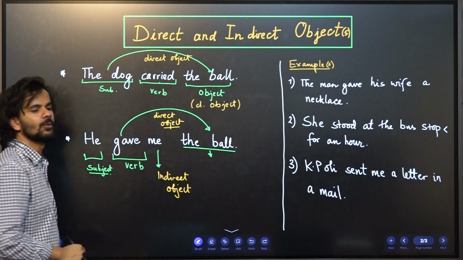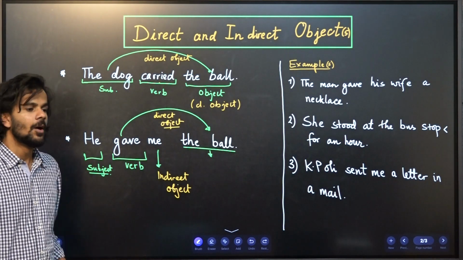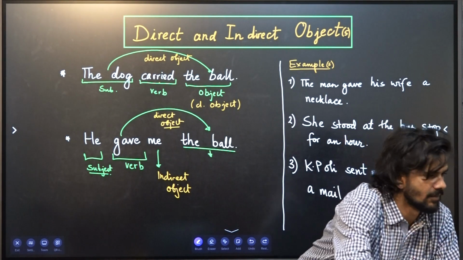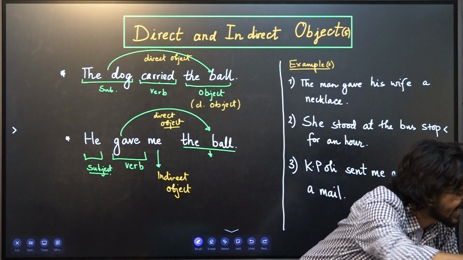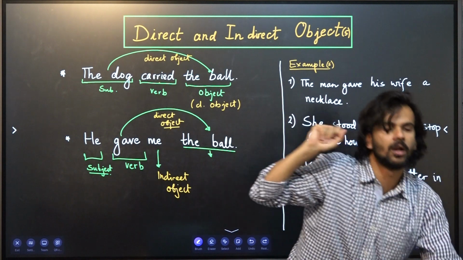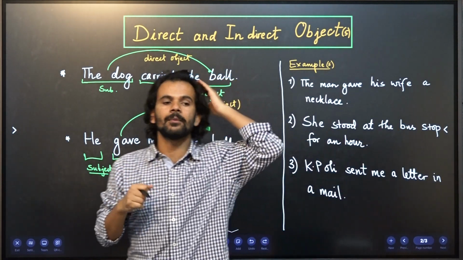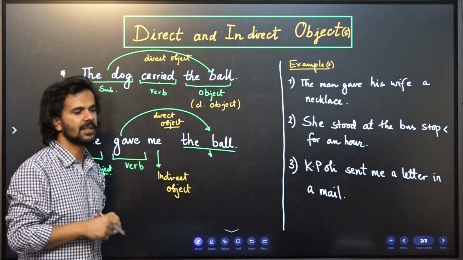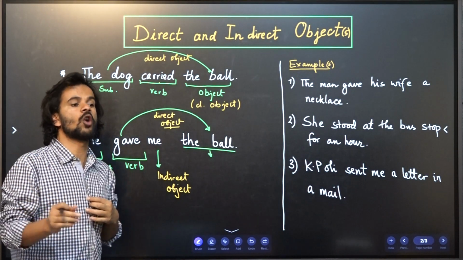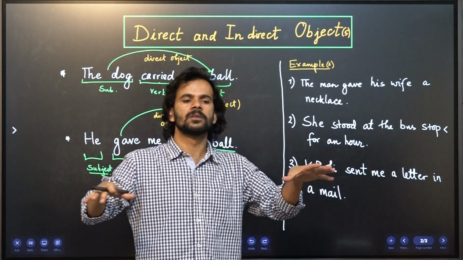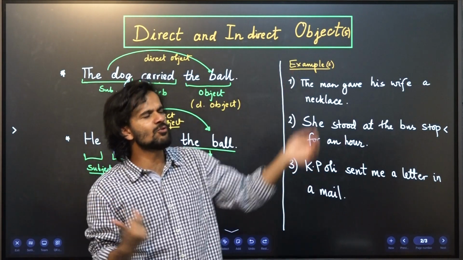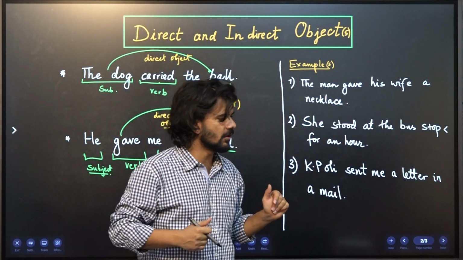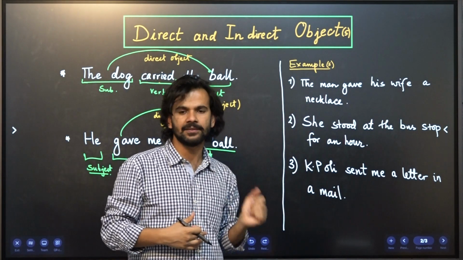Two objects. What did he give? The ball, so it is directly connected. On what is the giving happening? The ball. Just like the carrying happened on the ball, therefore the ball is the direct object. Who is left? Whom did he give it to? Me, him, that fellow, it could be me, it could be him, it could be that.